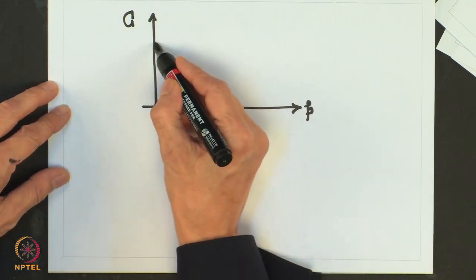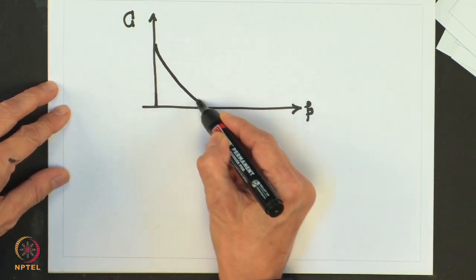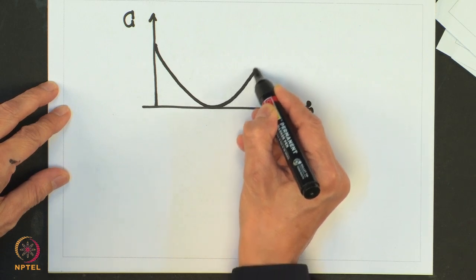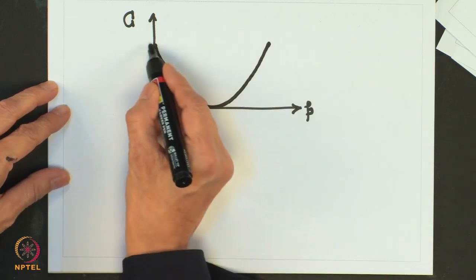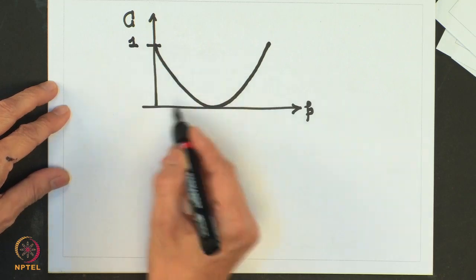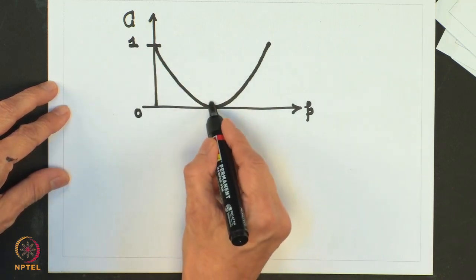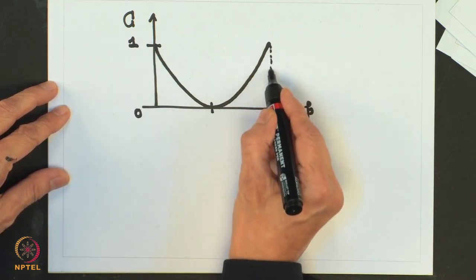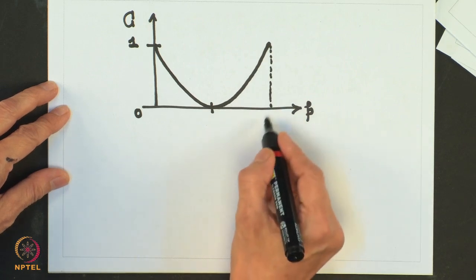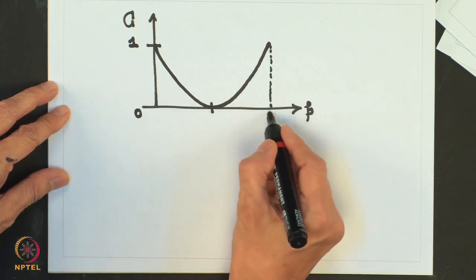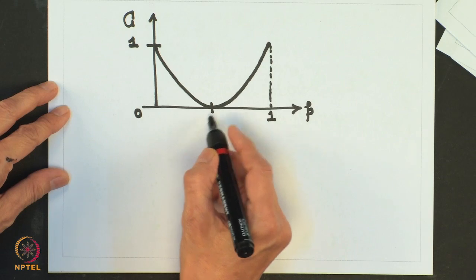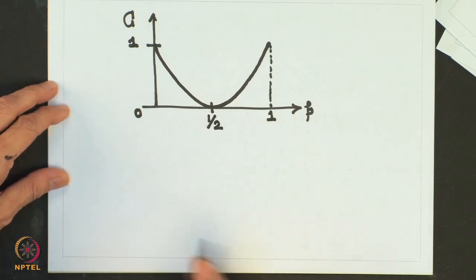So, it will be a convex function. This will be 1, this will be 0, this will be 1 and this will be equal to half.